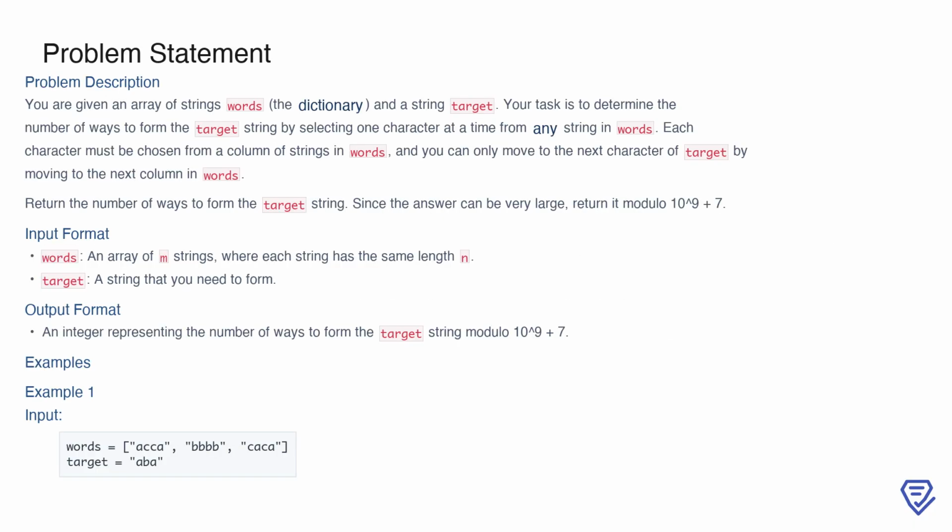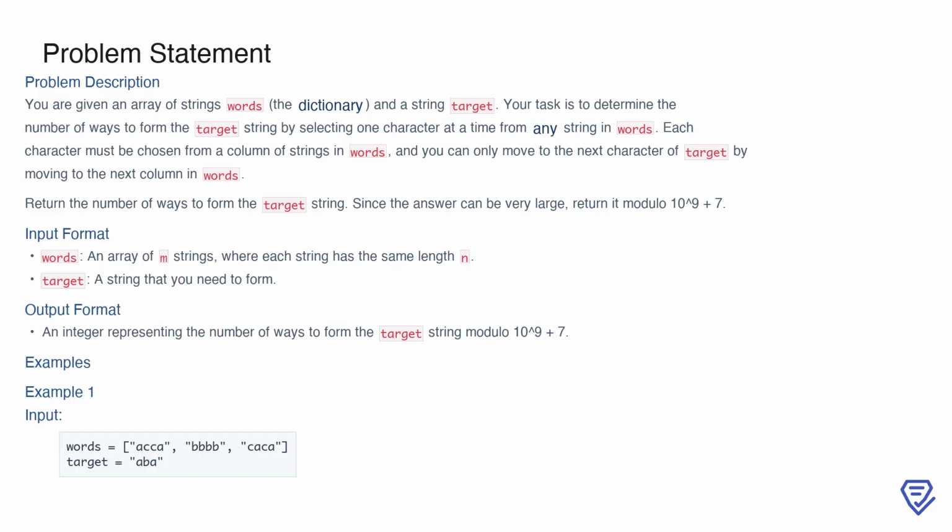In this problem, you are given an array of strings called words, which we'll refer to as the dictionary, and a string target that you need to form. The task is to determine the number of ways to form the target string by selecting one character at a time from any string in the dictionary. However, there's an important rule: each character of the target string must be formed by choosing letters from a specific column in the dictionary.